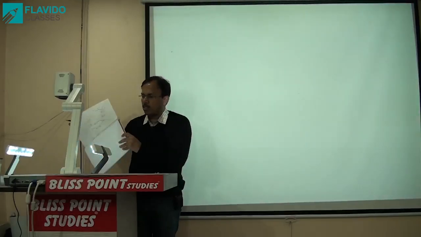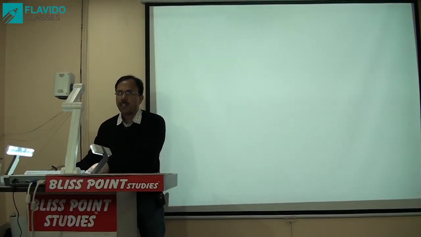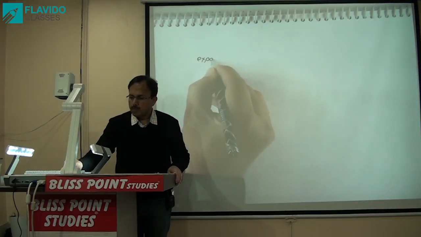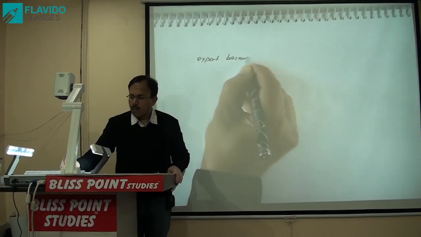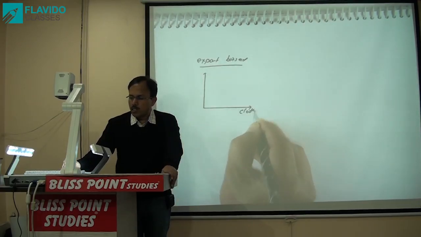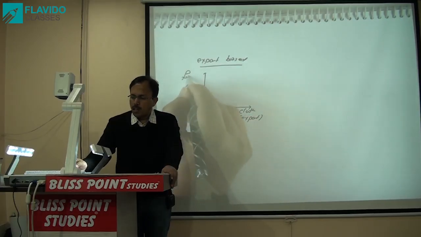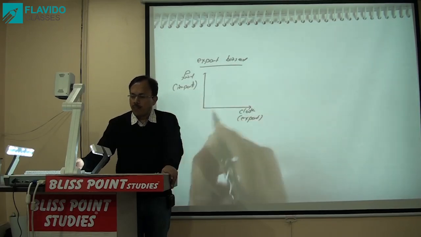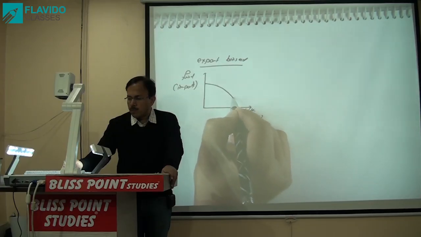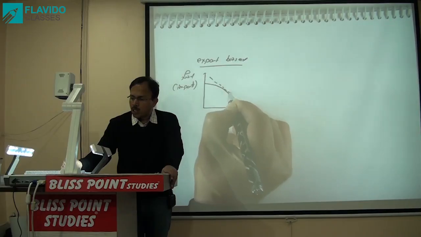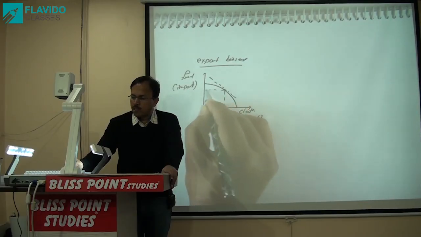When you say export bias growth, if cloth is the export good and food is the import good, and earlier there was a production possibility frontier based upon a given price ratio, the economy was producing a certain combination of cloth and food.